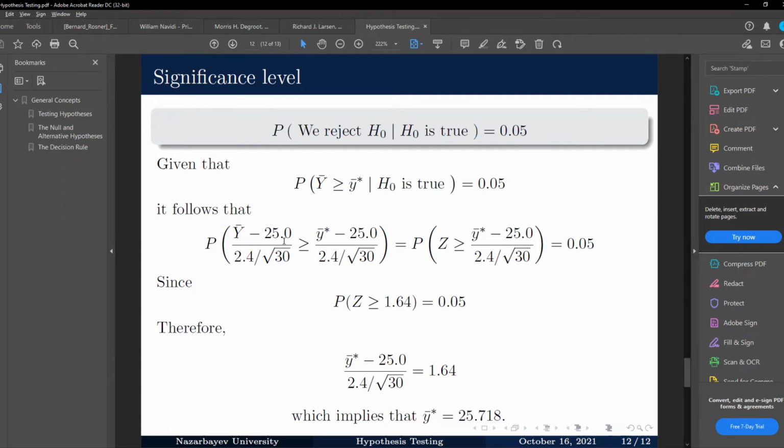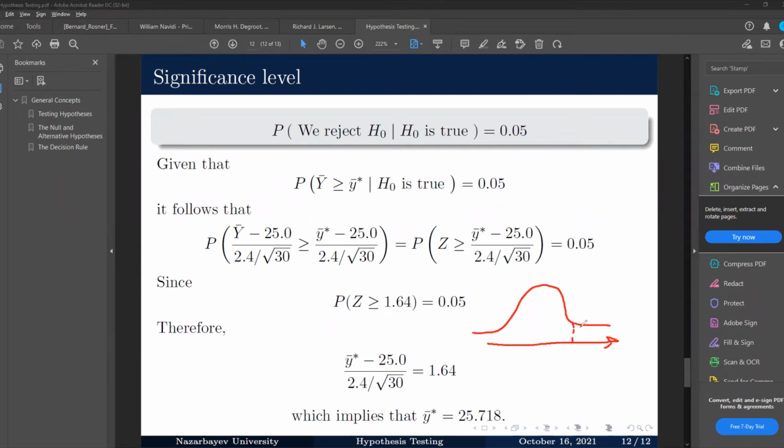Then if we standardize, we'll find that this probability is equal to the probability of a standard normal being greater than this value here. And we know that if we look at the standard normal, if we want 5% lying in the right tail, then this point corresponds to 1.64.